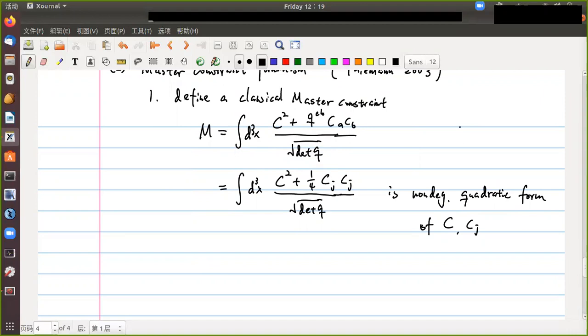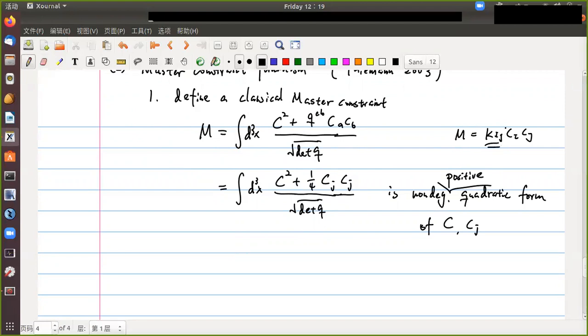So the idea is M equals something like K_ij C_I C_J, a non-degenerate and positive quadratic form. So here this K_ij is a positive semi-definite matrix, right?